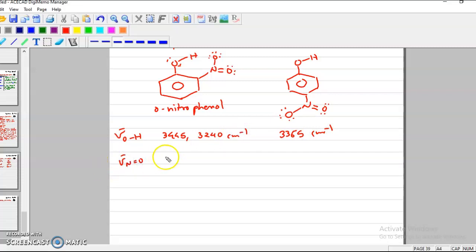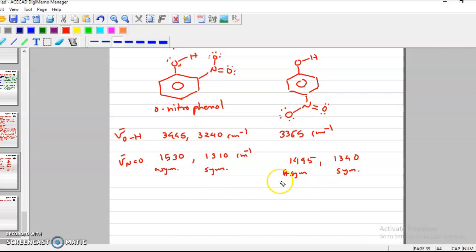N double bond O stretching here appears at 1530, which is asymmetric stretching, and 1310 centimeter inverse, which is due to symmetrical stretching. While in case of paranitrophenol, the value is 1495 for asymmetric stretching, and 1340 for symmetric stretching.